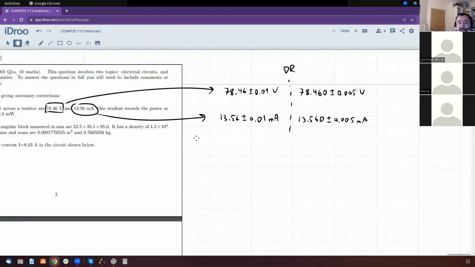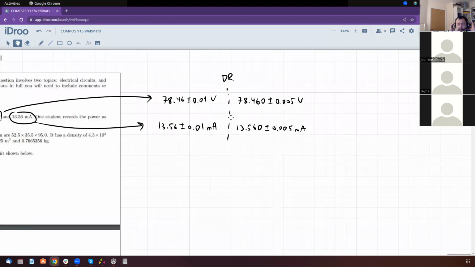I find both are correct. Yes, both are valid methods.